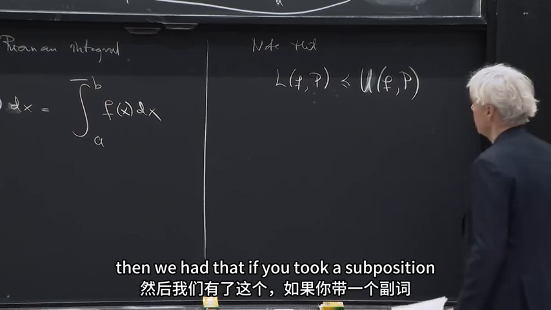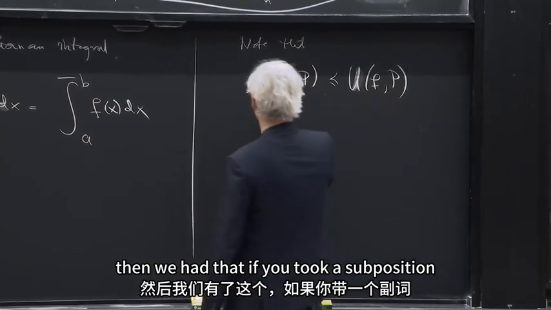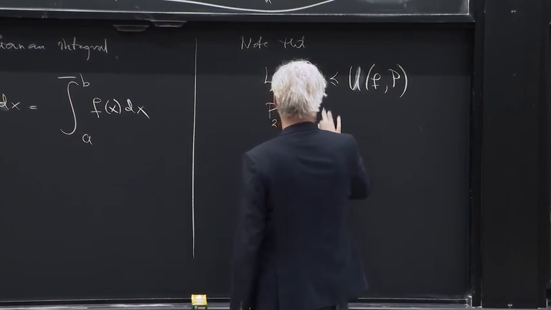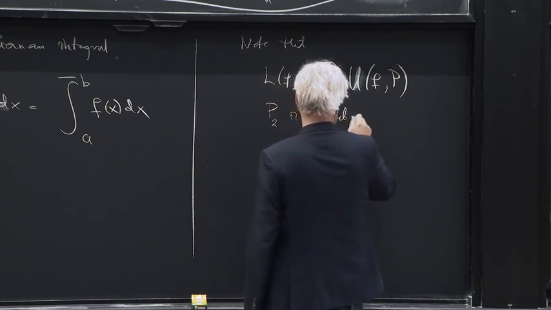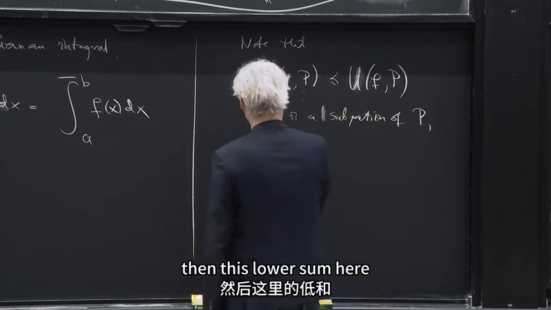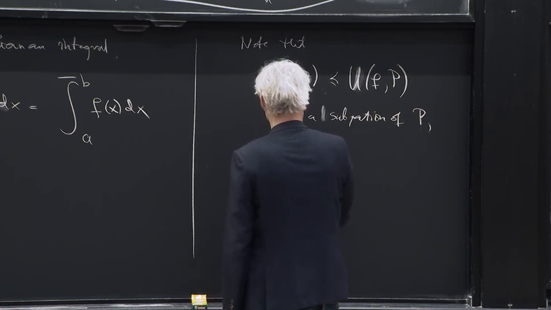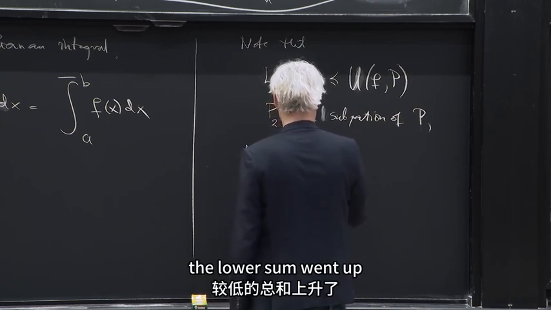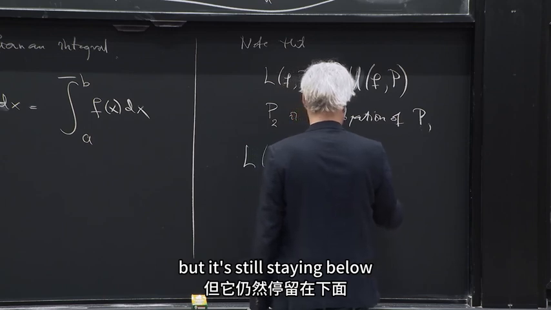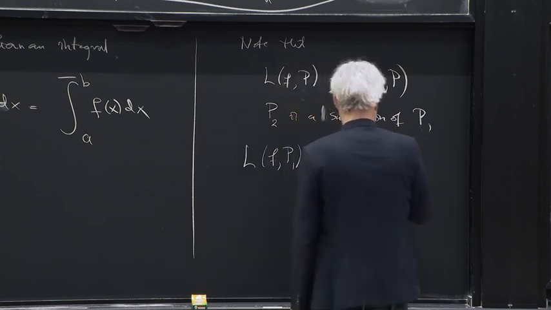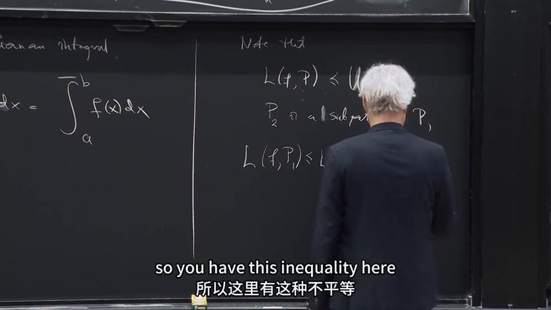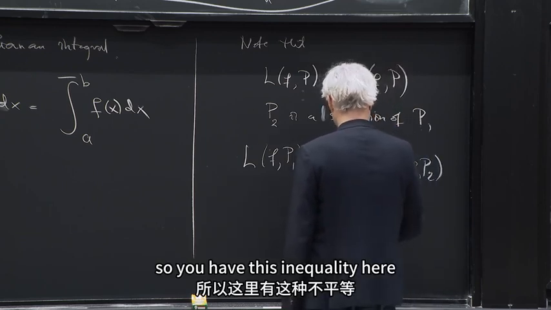Then we had that if you took a subpartition, P1, the lower sum under the subpartition went up, but it's still staying below. So you have this inequality here.